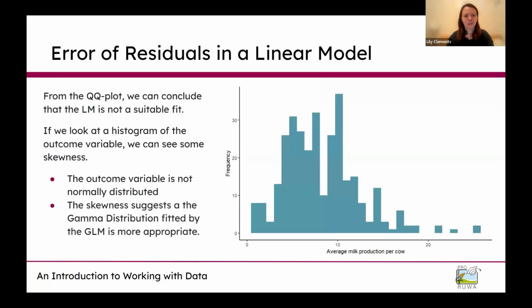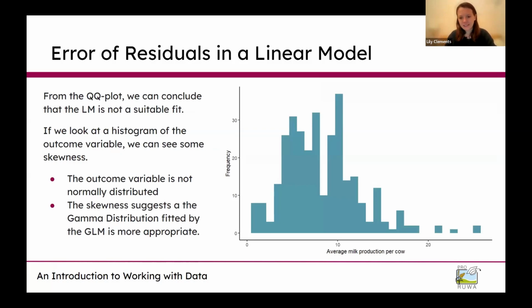And now we can actually look at a histogram of our outcome variable. So from the QQ plot, we've seen that a linear model isn't a suitable fit. What we could have done before fitting all of these models is to actually look at the data itself and see what the distribution looks like.